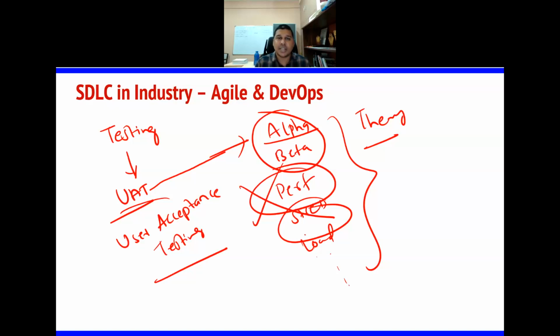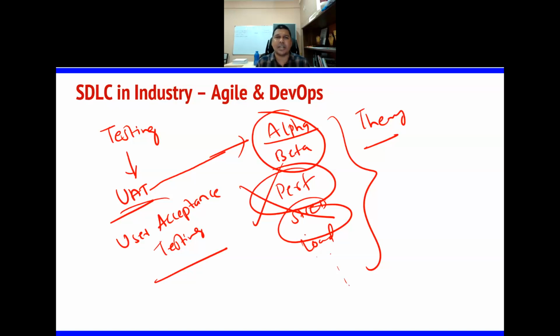Alpha testing means testing happening at the developer end. Means the third party fellow will come to me. He will sit along with me, in front of my system, and he will test it. So if testing happens at the developer level, that is alpha testing. If that is happening at the client end, means I am going to the client, that ABC company, taking the application to him, asking him to test, that is beta testing.